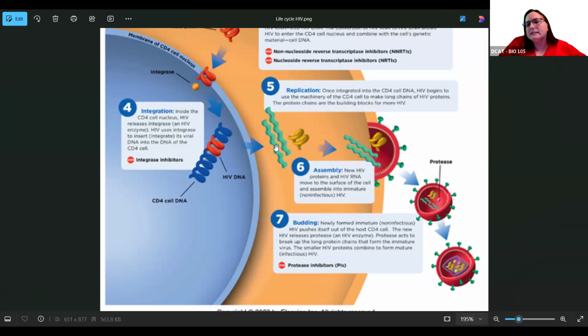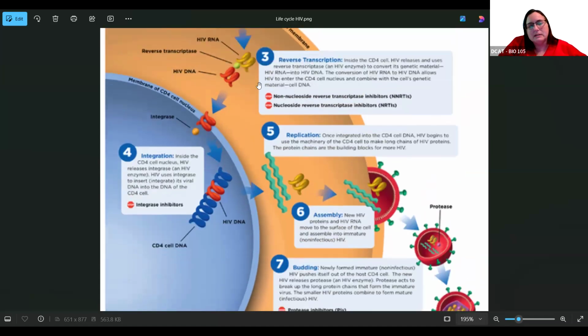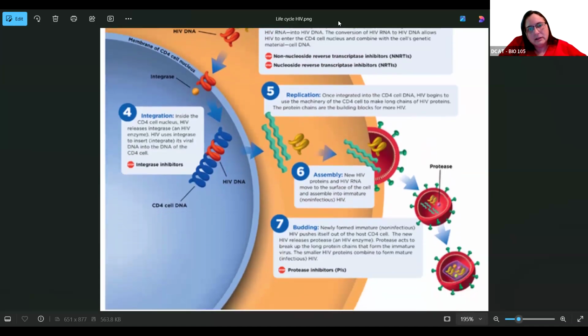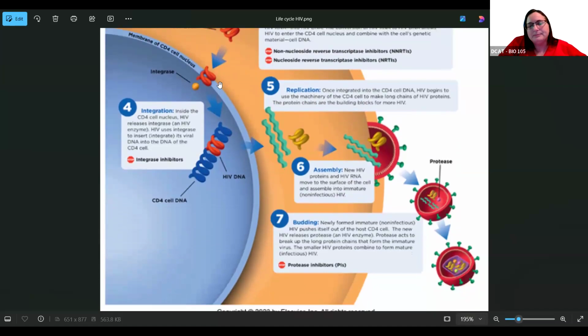So what that is saying is, once this happens here, that reverse transcriptase has now changed it to HIV DNA, then that HIV DNA is entering into that CD4 cell.